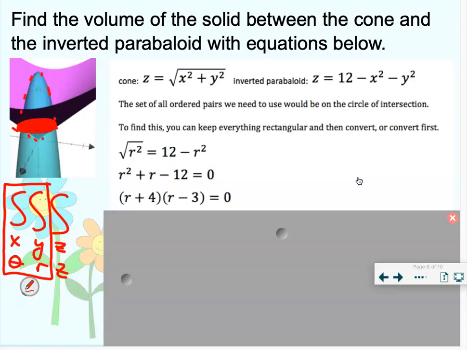But I also know that if z equals r and if z equals 12 minus r squared, once I set these equal to each other and solve, I literally just get r equals 3. I could get some function r, like r equals with stuff, right? But I didn't. I literally just got the function r equals 3. And because of that, I know this is a circle centered, well, technically centered at the z-axis.